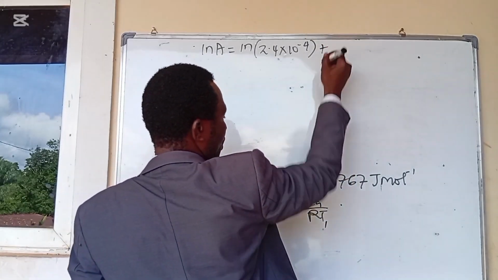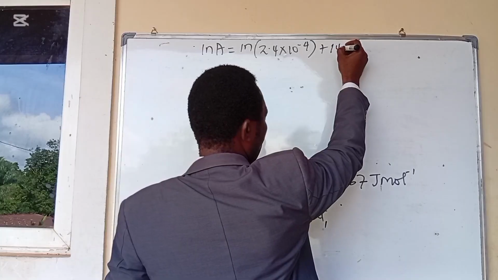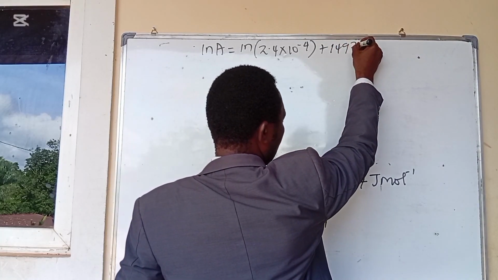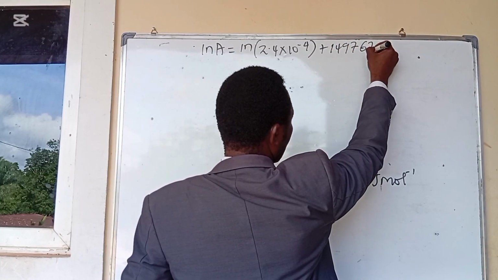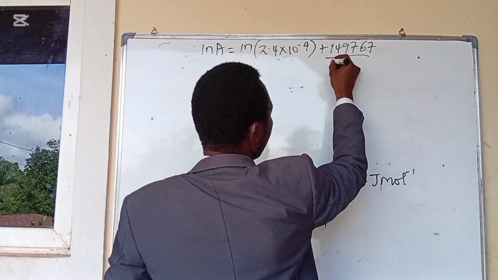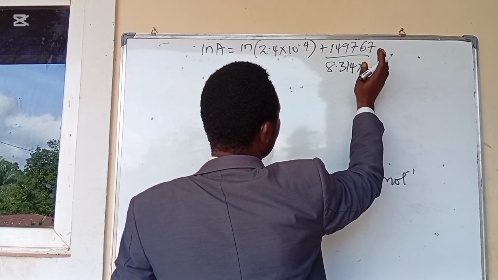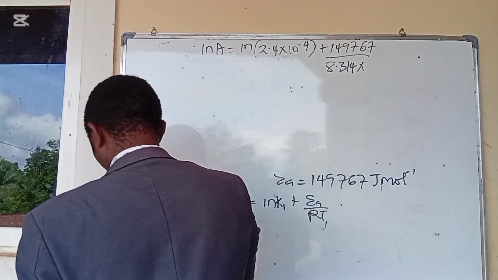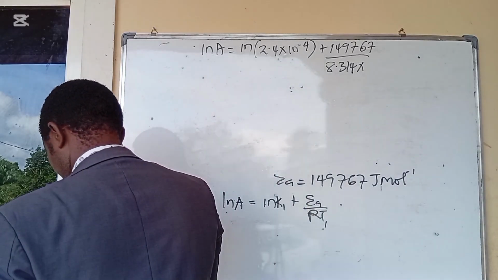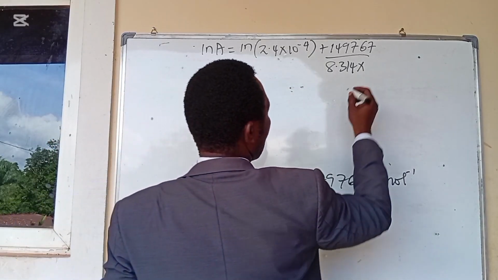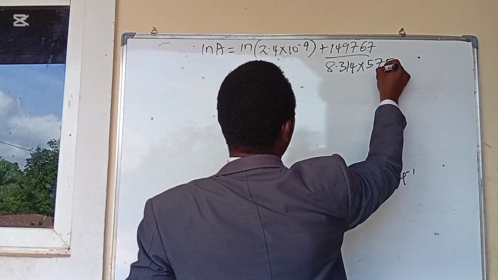We've gotten the activation energy as 14976, then divided by 8.314 multiplied by the temperature T1. Our T1 is 575.